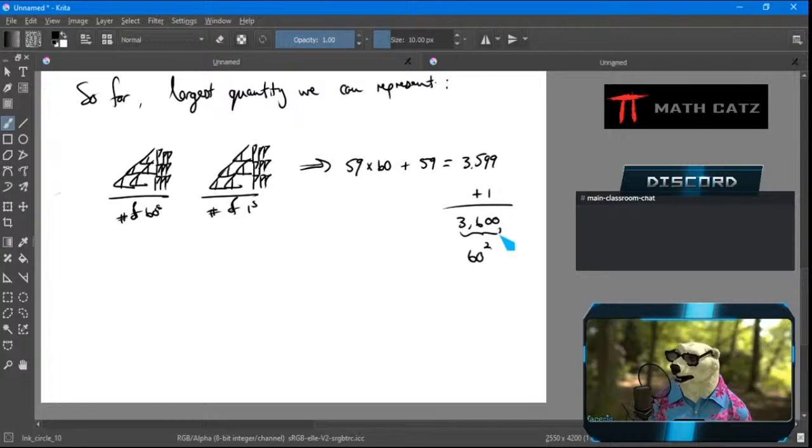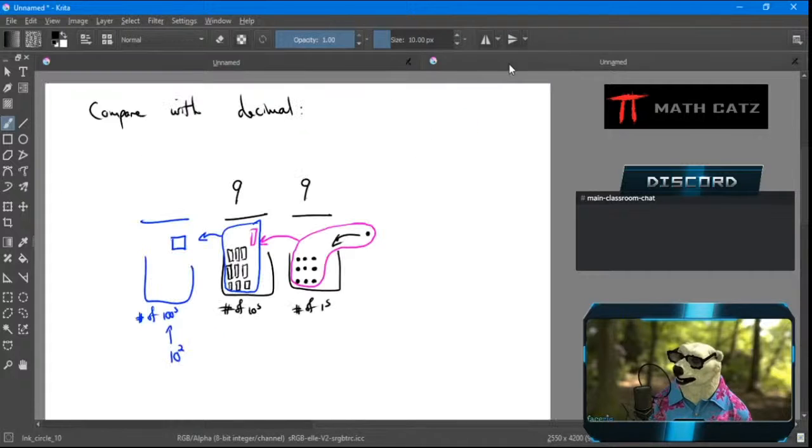If my quantity is bigger than 3,599, I'm just going to have a new place. And that place will be the number of 3,600s, or 60 squared.